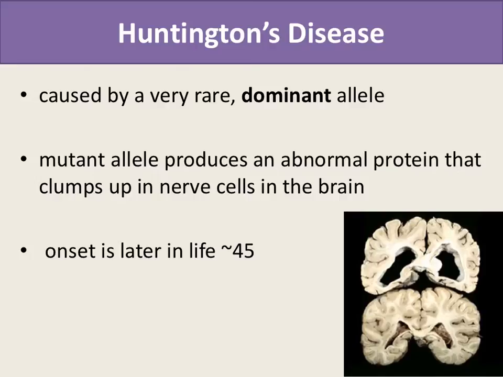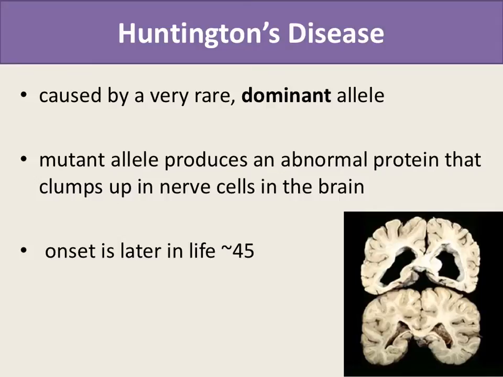Now, Huntington's disease is caused by a very rare dominant allele. And it causes a protein that's non-functional that has to do with neurological signals in the brain. So people who express it have these terrible neurological symptoms, and they usually die fairly rapidly.